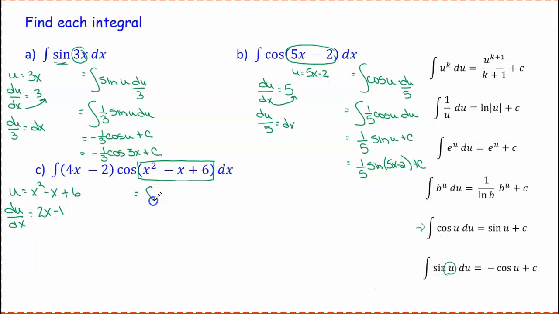We're going to substitute in. Now I have 4x minus 2, but if I think about it, both terms can have a 2 factored from them. So I'm going to factor out my 2, which is going to leave me with a 2x minus 1. Cosine, instead of x squared minus x plus 6, I'm going to have u.